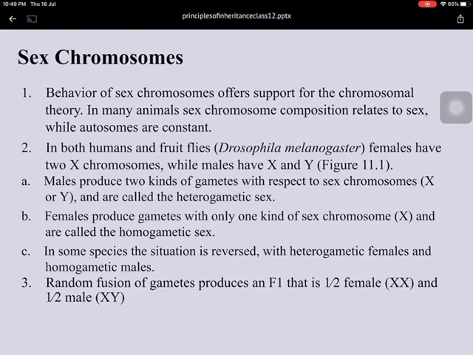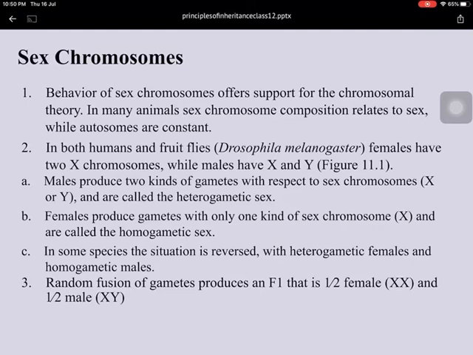So the male produces two kinds of gametes with respect to the sex chromosome, X and Y, and is known as the heterogametic sex. Whereas the female produces gametes which have only one kind of sex chromosome, the X chromosome, and is known as the homogametic sex. But in some species the situation is reversed.